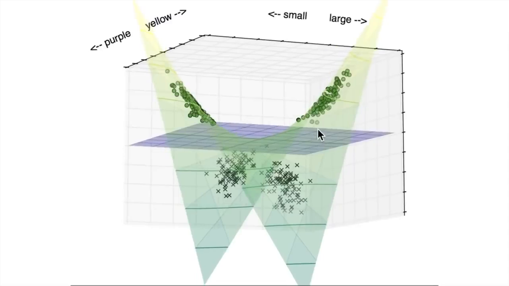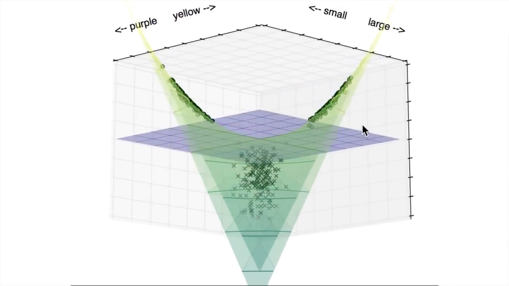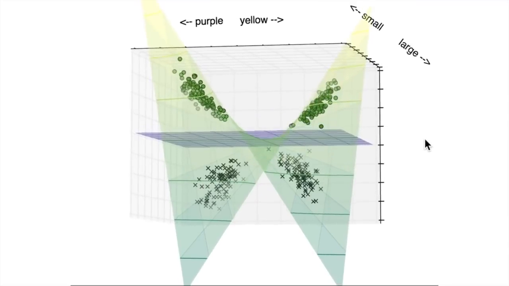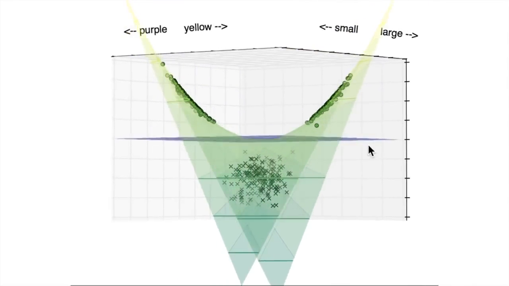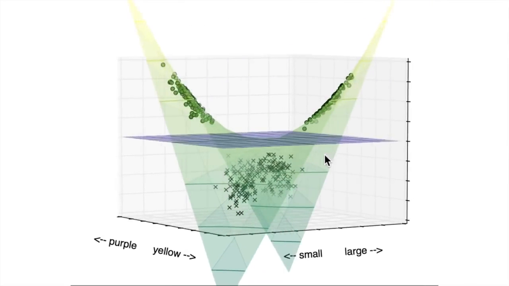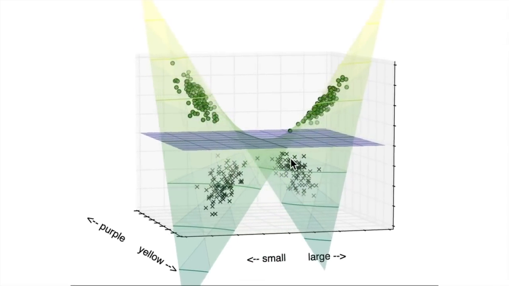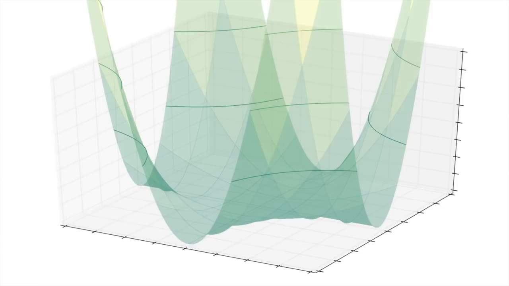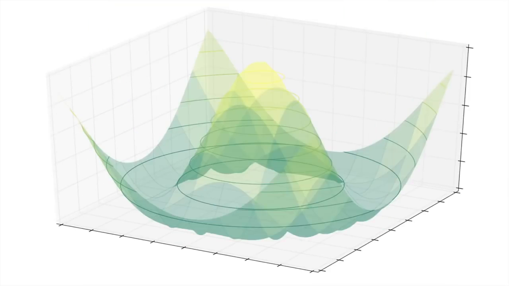This trick of bending your sheet of paper, of warping it, is called the kernel trick. And it refers to how it's calculated. But in practice, all you need to know is you can take this space that your data is in, this paper that it's on, and twist it and bend it however you want. You can hold down the middle and pull up all four edges.